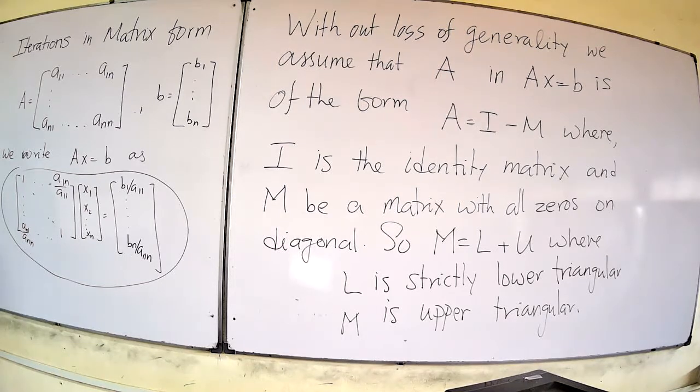So let us say we always have a system like this. That is why we assume that A is always of this form, ones on the diagonal, and the others are separated into a strictly lower triangular and a strictly upper triangular matrix. So you write A as I minus M.